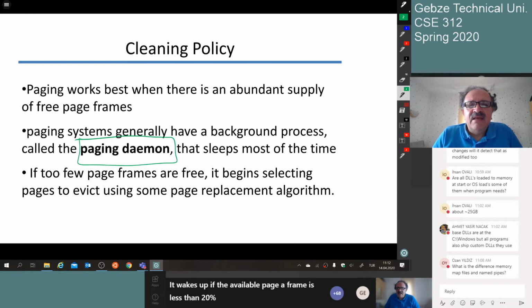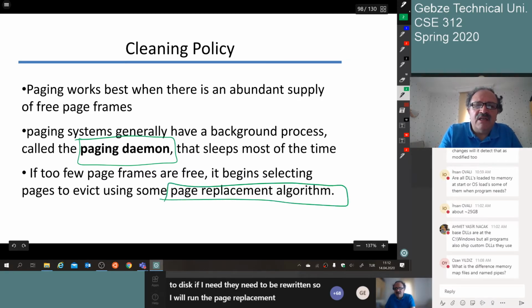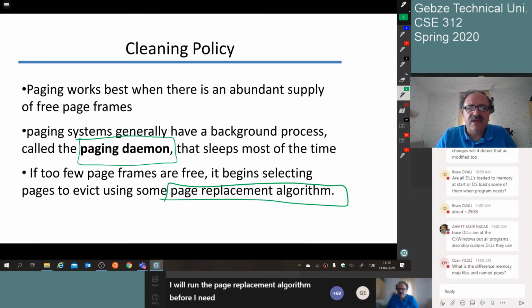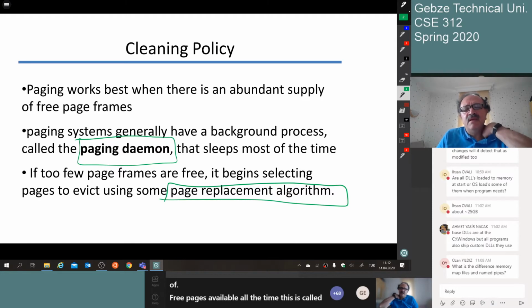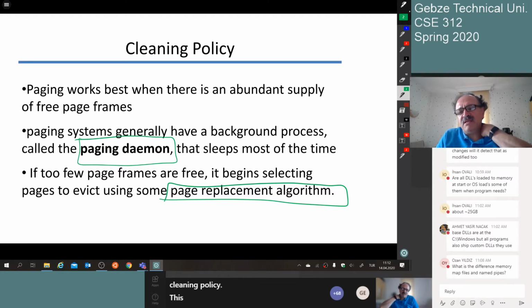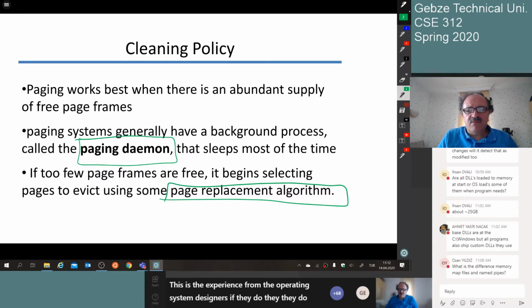It says that I will select some pages and write them back to the disk if they need to be written. So I will run the page replacement algorithm before I need those pages, so that I keep an abundant amount of free pages available all the time. This is called the cleaning policy. This is the experience from the operating system designers. If they do it that way, then I will be fine.